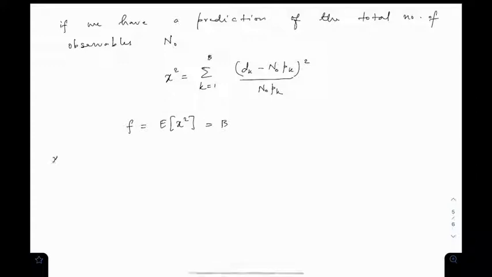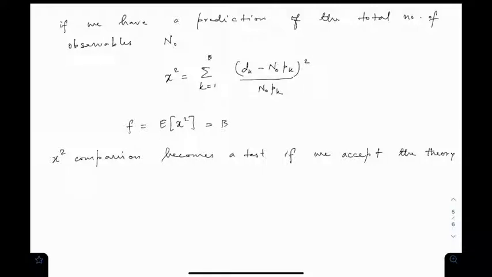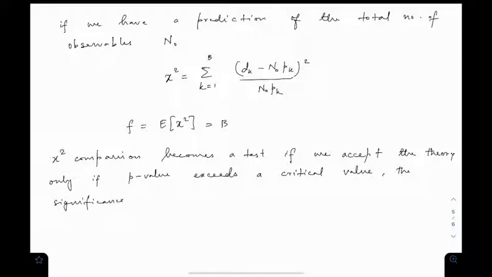The chi-square comparison becomes a test if we accept the theory, the theoretical description of the data, only if the p-value exceeds a critical value, that critical value being the significance level alpha, and reject it for p less than alpha.